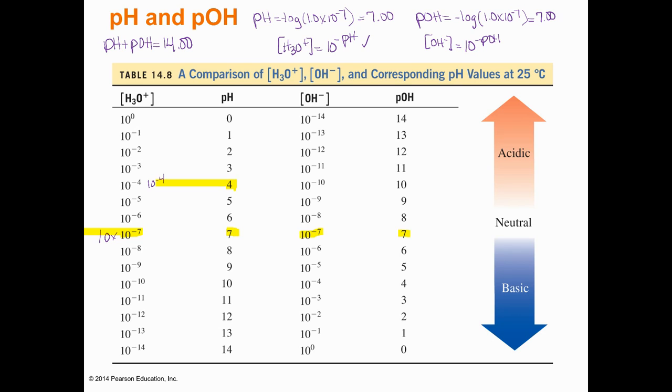If I know I have a pH of 4, what's the pOH? Well, 4 plus 10 equals 14, right? So that's why my pOH is 10. And then if I want to know what the hydroxide is, hydroxide will be 10 to the negative pOH. So that's 10 to the negative 10.